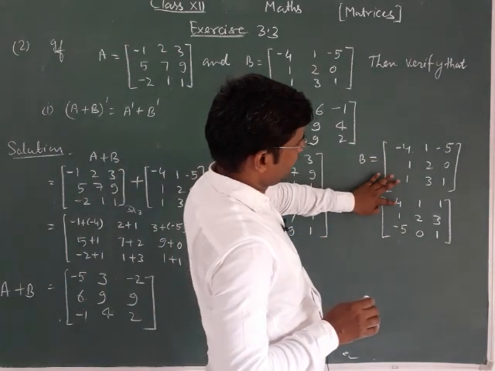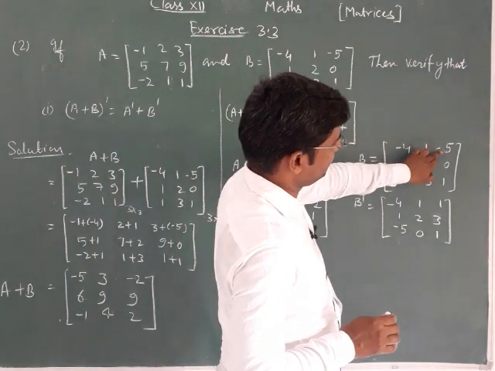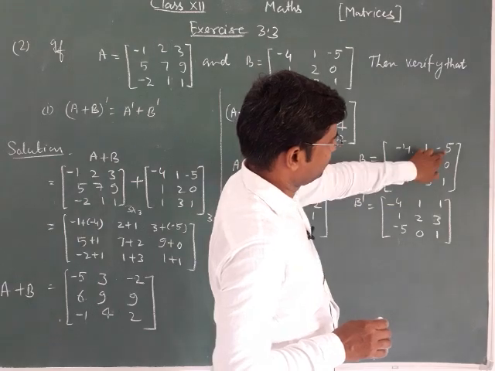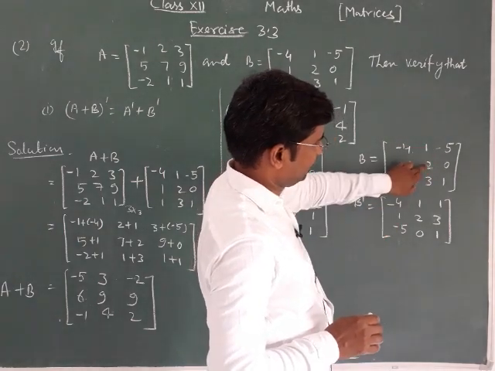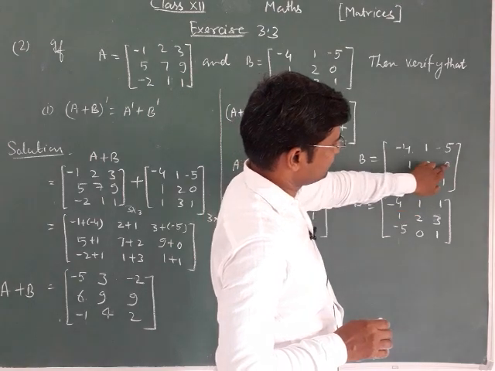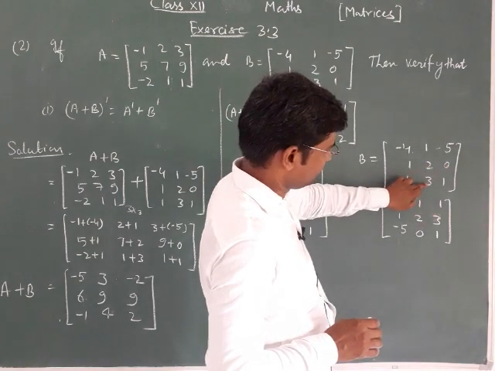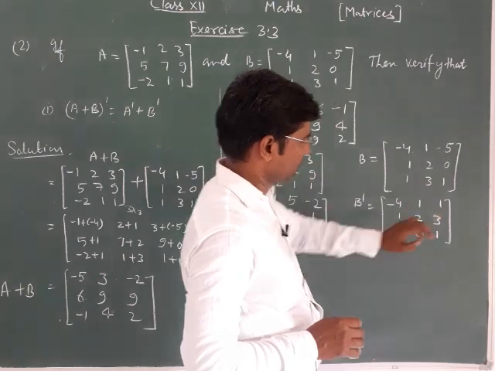So B, and this is replaced here. So 1 and 1. Now replace here 1, minus 5 and also 2, and replace here 3, and replace here 0, and this is 1.